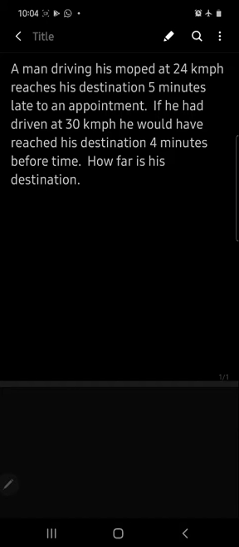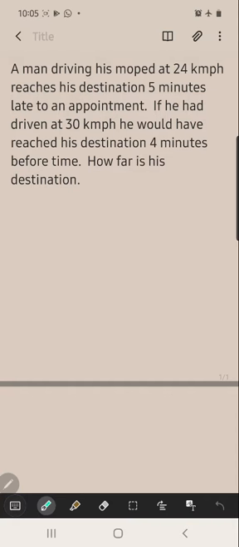But here you see, here two speeds are there. In the first case 24 kilometers per hour speed and 5 minutes late. So second time what happened, 30 kilometers per hour, speed increased, then 4 minutes before he reached the destination. So for this, how can we find the distance? Let us see, distance I am going to take as x.